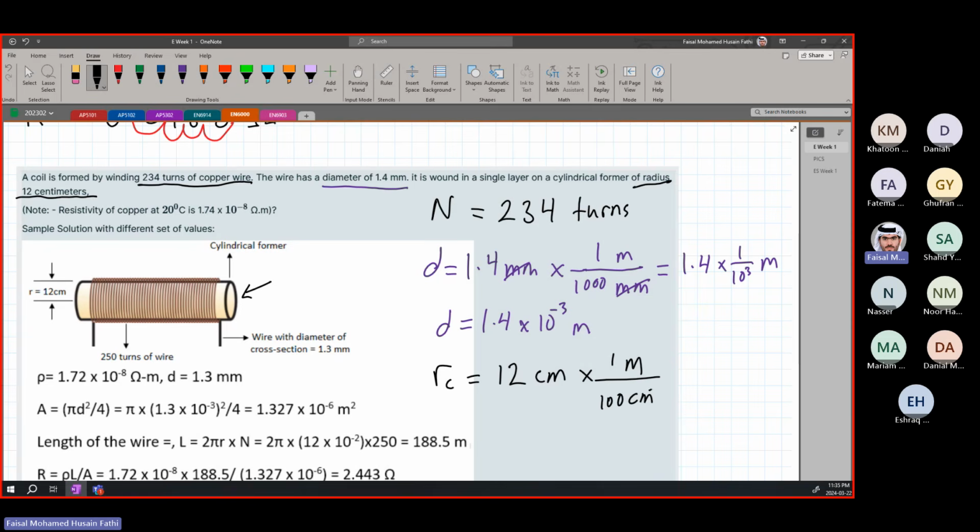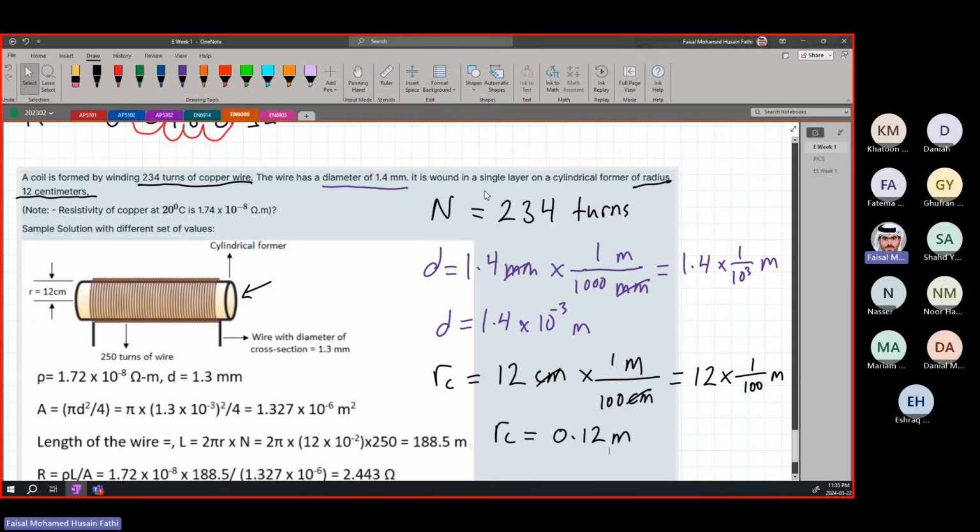Centimeter and centimeter will cancel. This is like saying 12 times 1 over 100 meters. If I simplify this, it is 0.12 meters. Or I can write it as 12 times 10 to the minus 2 meters. It's the same thing.